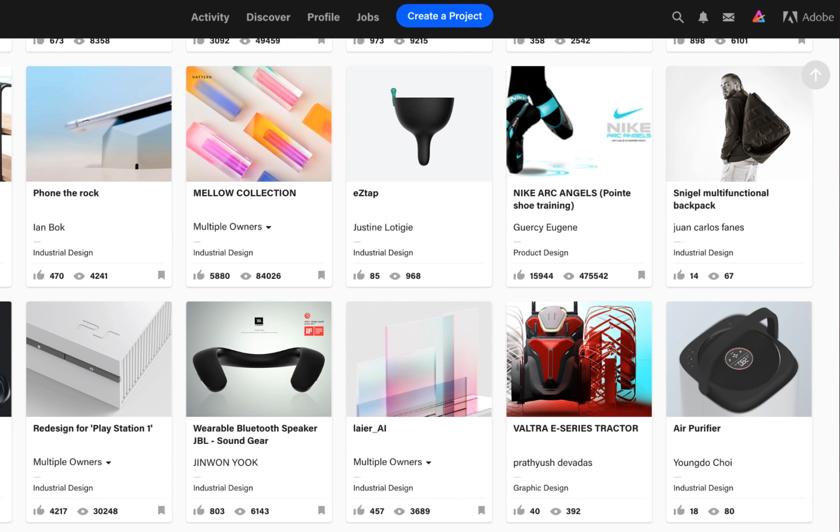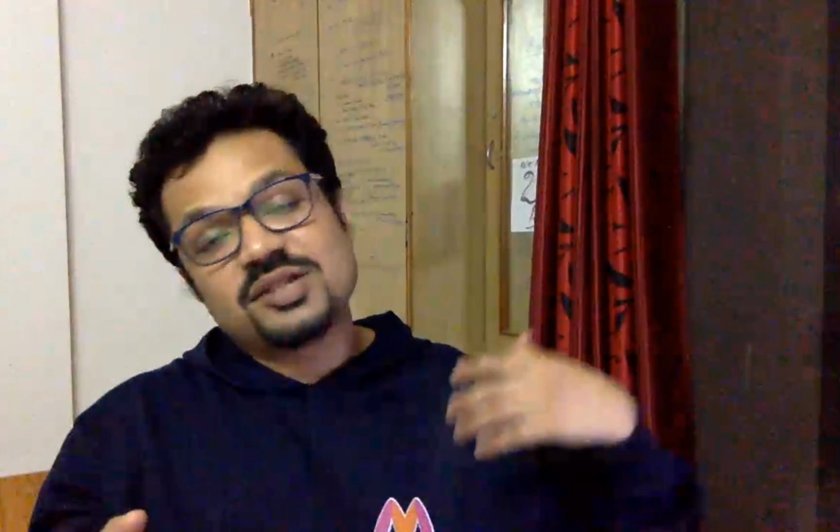Definitely there is a lot of scope, because as you can see nowadays we are using 10 times more products compared to what we used to 10 years ago. We all have our individual mobile phones and TVs, and a lot of 3D objects as per our choices. Earlier there used to be just one TV in a house.